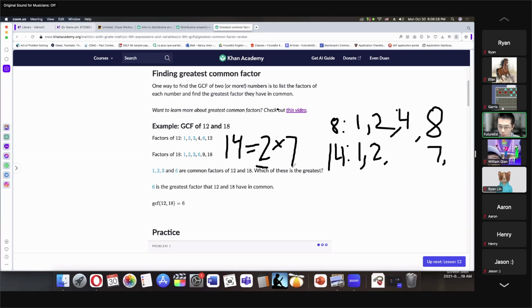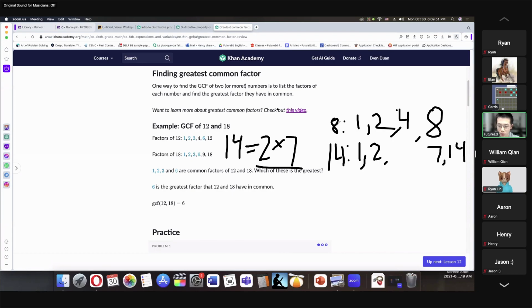Both of these are prime, okay? And once we break 14 down into its prime divisors, we know it can only be divided by 2 and 7, okay? So at this point, we know that 14 is obviously divisible by 1, it's divisible by 2, it's divisible by 7, and it's divisible by itself.